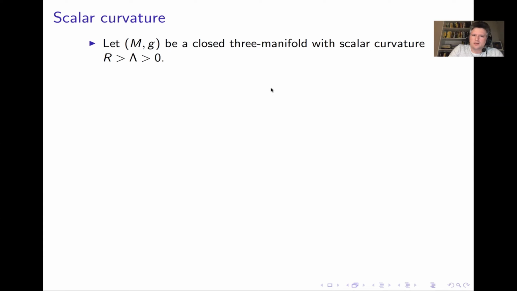You can extend what I'm going to say to non-orientable, and in that case you will need to consider one-sided surfaces for sure. But things go through. You just take my word for it. But for sake of presentation, let's just say that everything here is orientable. And we are going to assume that we have a positive lower bound lambda on our scalar curvature.